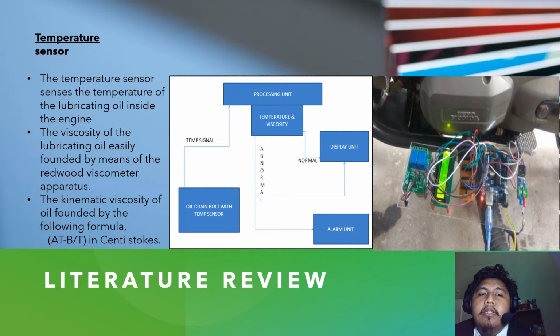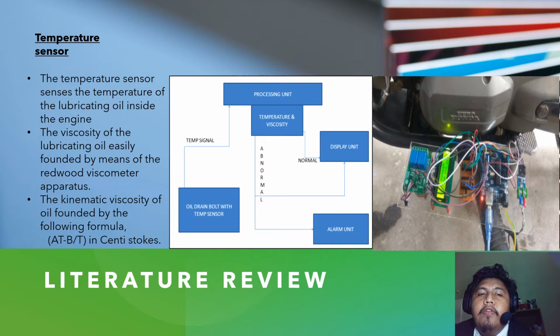The temperature signal is received by the microprocessor and should be converted into the viscosity unit by the processor using a formula that has been designed. Dynamic viscosity has been calculated theoretically using a Redwood viscometer. When the viscosity value reaches the predetermined value, the processing unit gives the signal to the alarm unit.